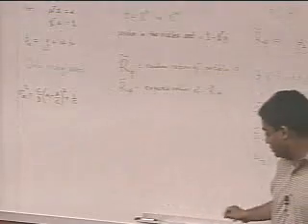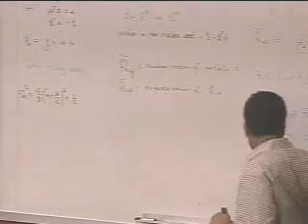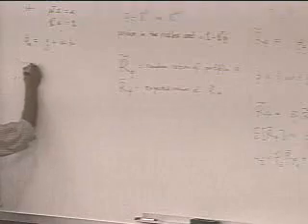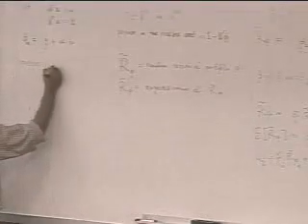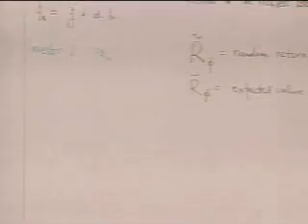What it will look like would be the following. Let's say that investor I wants a return alpha I, whatever it may be.